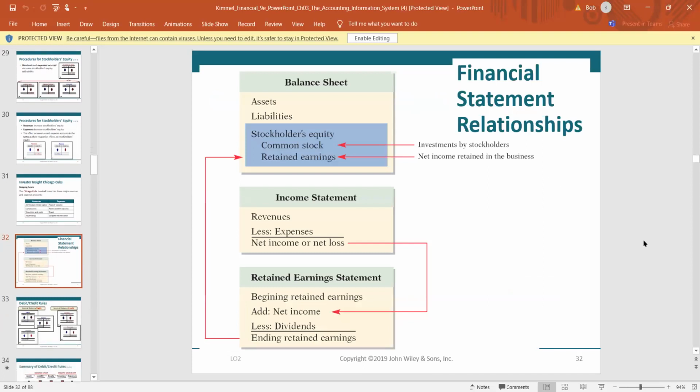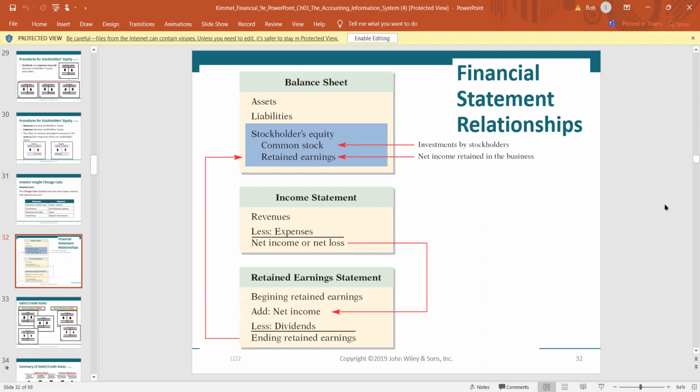Let's go back to the financial statements, which you learned a little bit about. We have assets, liabilities, and equity. That's the balance sheet. Assets equal liabilities plus equity. And what they're showing you here is what impacts stockholders' equity.